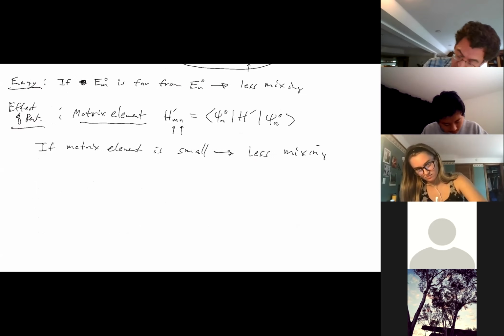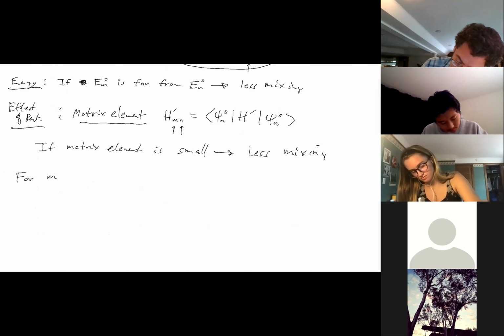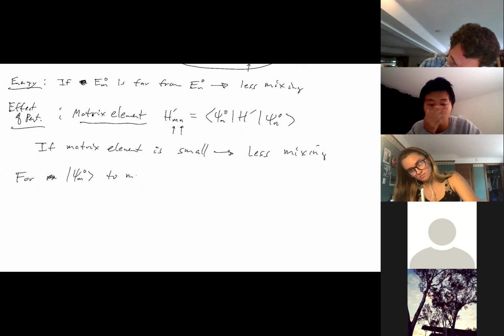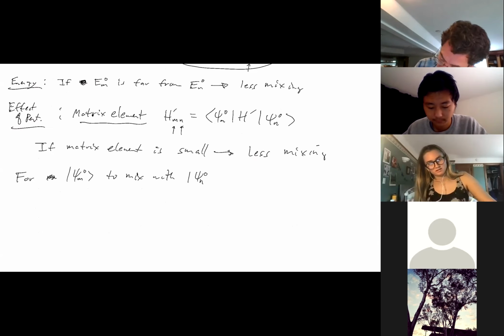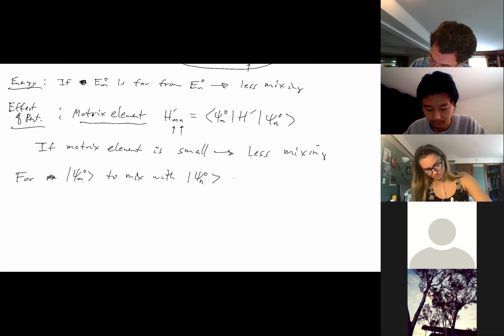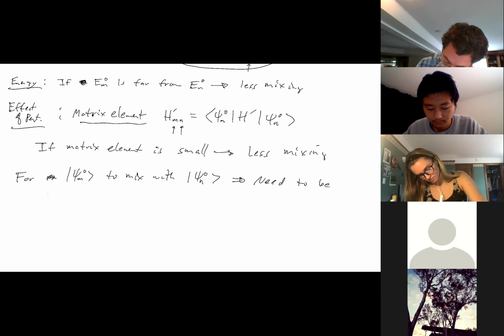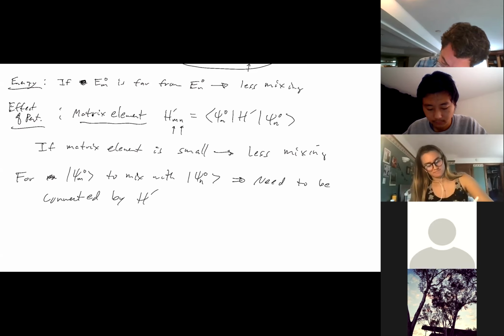So for the state psi m naught to mix with psi n naught, they need to be connected by H prime.